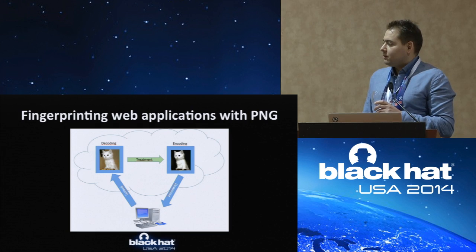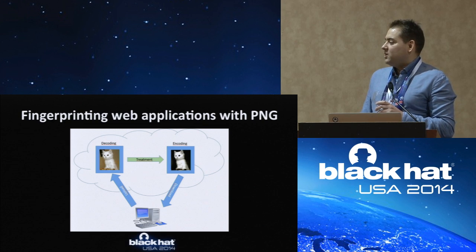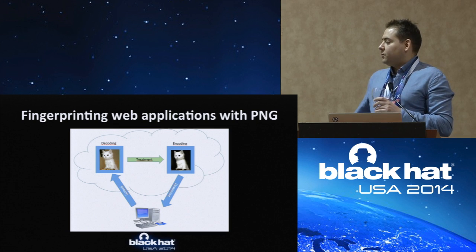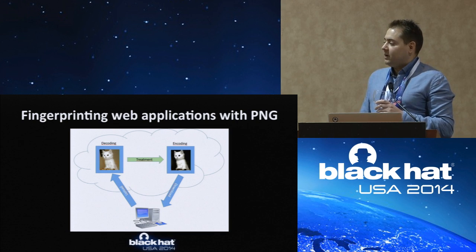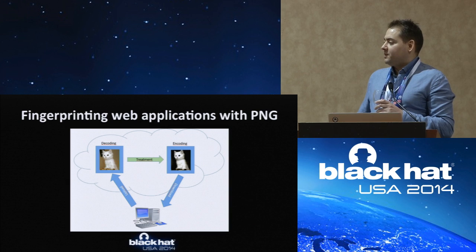Because often the OS you can already get from, for example, the HTTP headers, but you might not really know if it's Java or Python. The web server is already giving you a lot of information, but often it will not tell you if it's Java or Python or Ruby behind it, if the developer has been trying to hide it a bit.